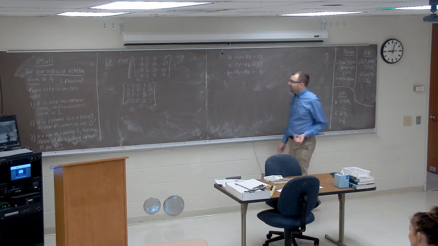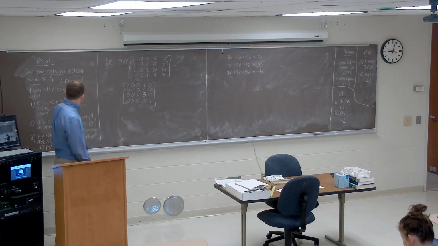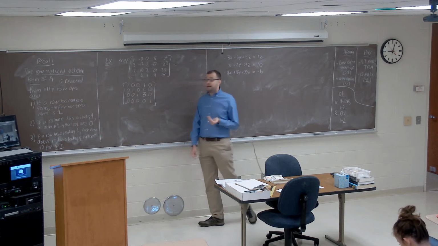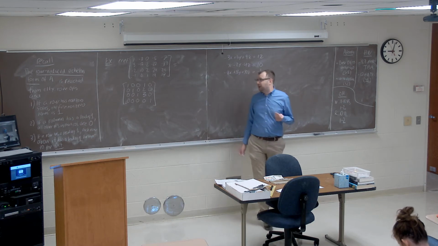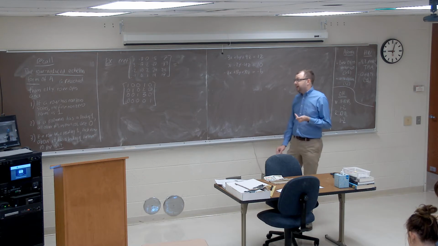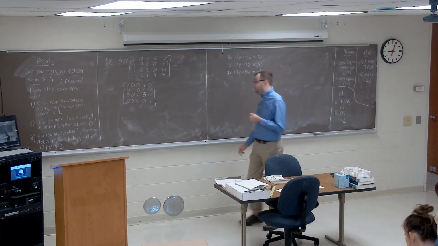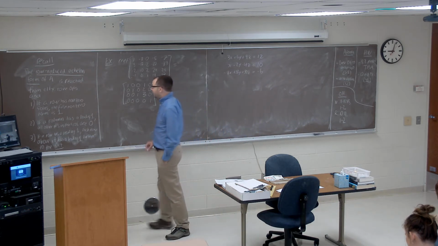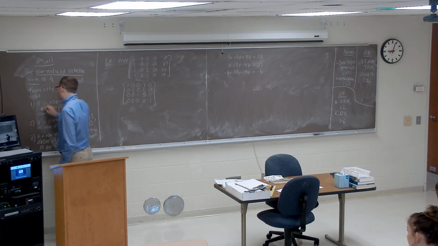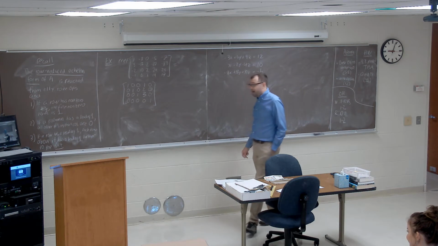Okay, with that, I want to get back to finishing off Standard 1. So you may recall from last time that we talked about the row-reduced echelon form of a matrix, where you take your matrix and you use elementary row operations to get your matrix in a form where if a row has any non-zero numbers in it, the first non-zero number has to be a 1.